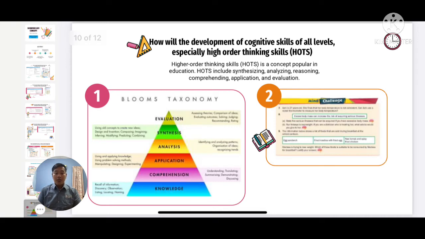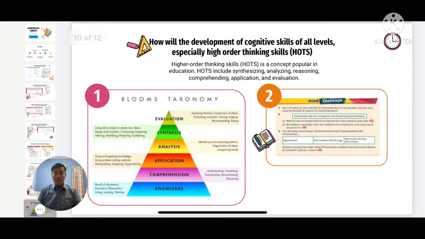HOTS include synthesizing, analyzing, reasoning, comprehending, application, and evaluation. I have prepared a picture on the left side about higher order thinking skills for you to understand more, and the right side with a picture of an example question using higher order thinking skills.